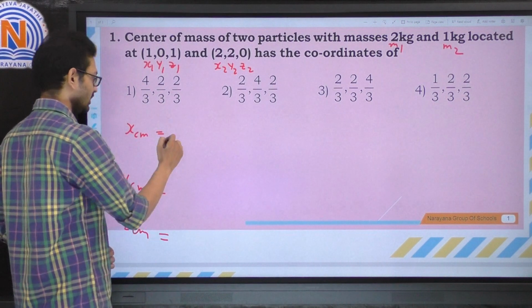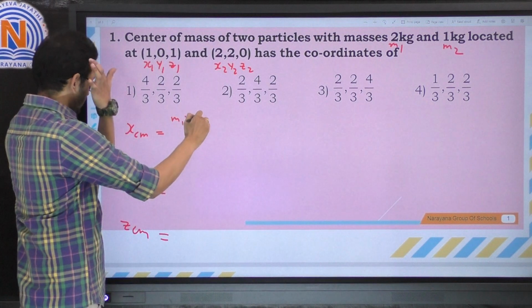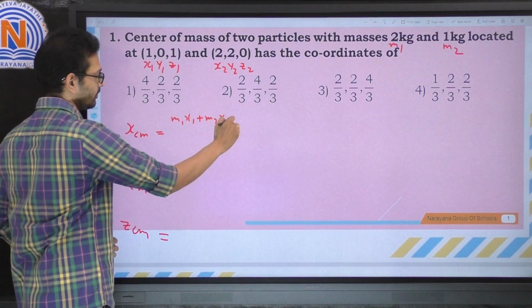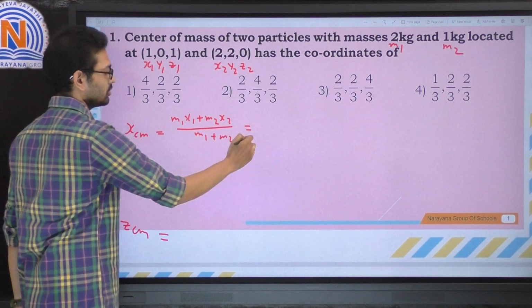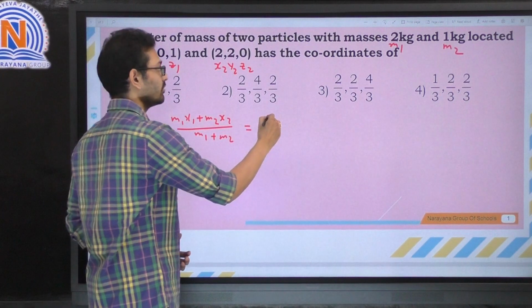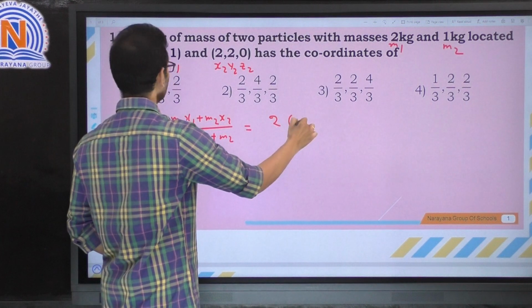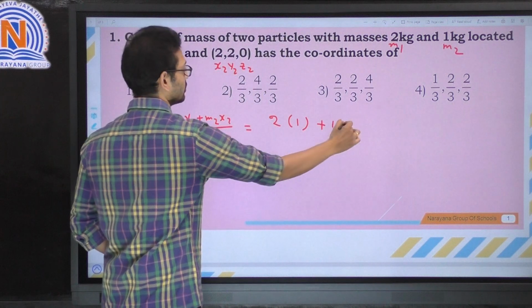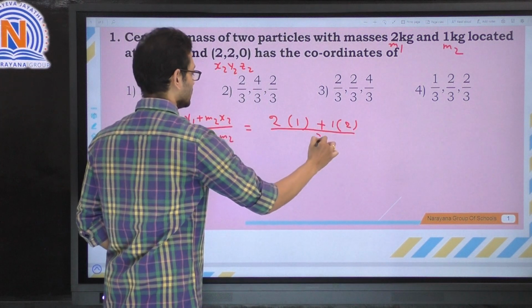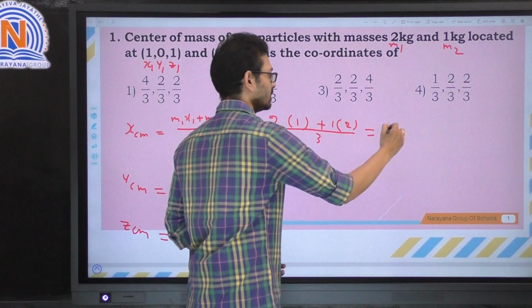Now let us try to find this: (m1 x1 plus m2 x2) by (m1 plus m2). So how much is m1 given over here? m1 is 2 kg, x1 is given as 1, plus m2 is given as 1, x2 is given as 2. So you will be getting 3 as your answer. This is 4 by 3.